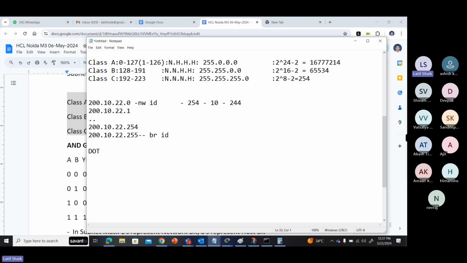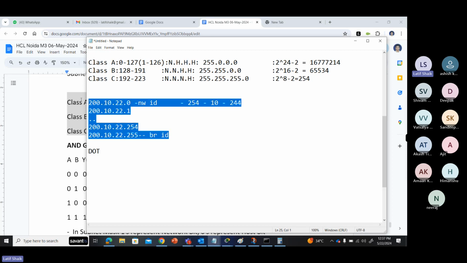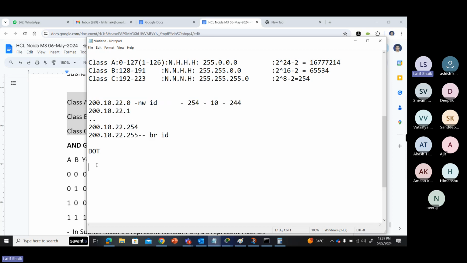So they will divide this network and give me a network ID, and then I can configure. We cannot get exactly 10, but we'll get 10 plus, around 16 minus 2. So obviously you're getting 14 hosts. You're wasting only 4 here. Maybe in future you can use 1 or 2 extra.